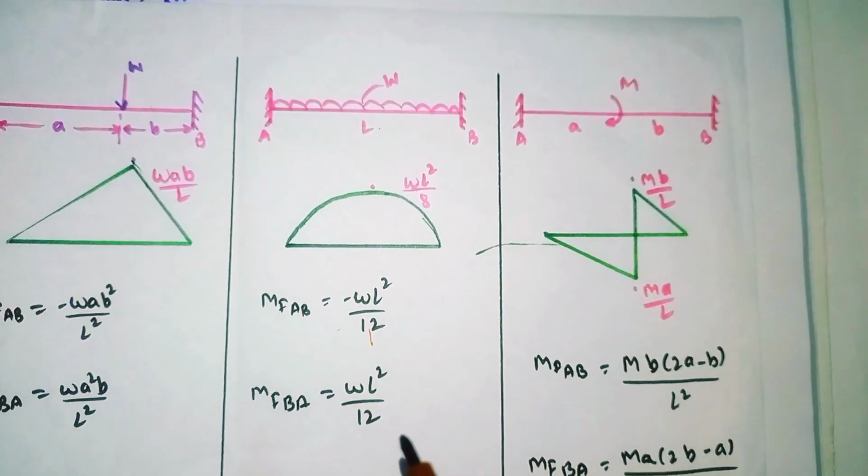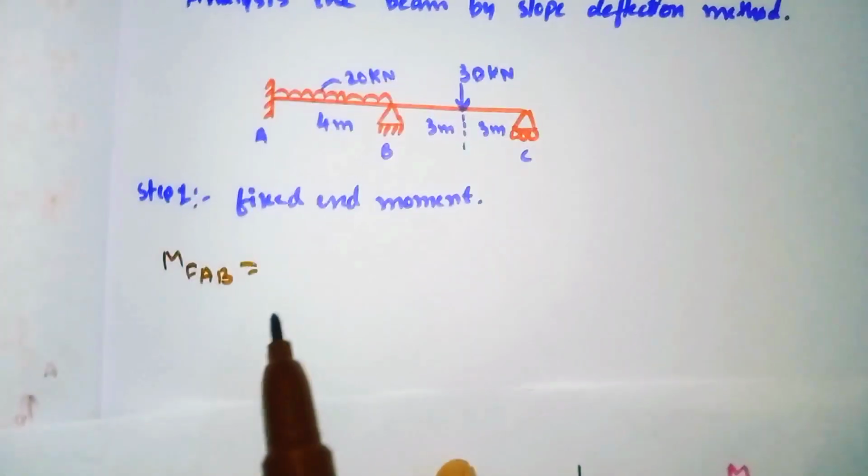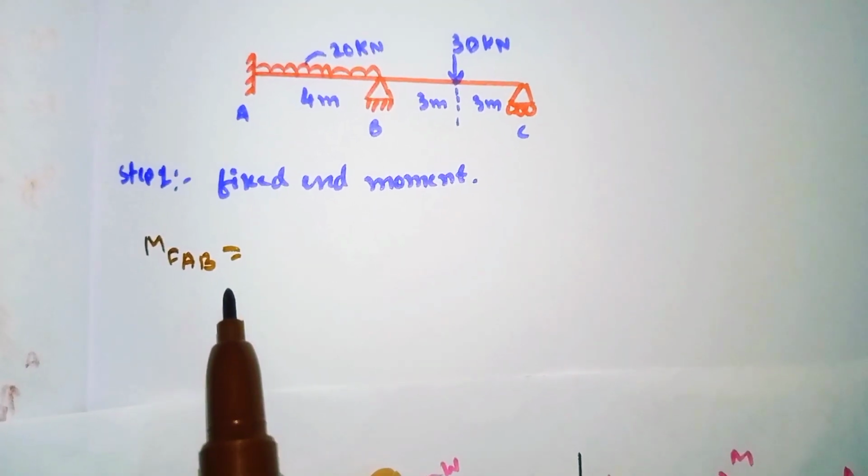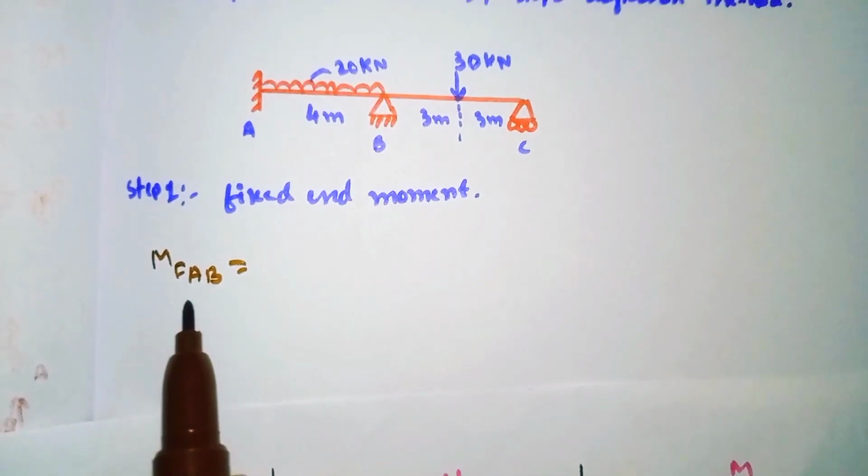So by using these two formulas, we'll calculate the fixed end moment for span AB as well as BA.